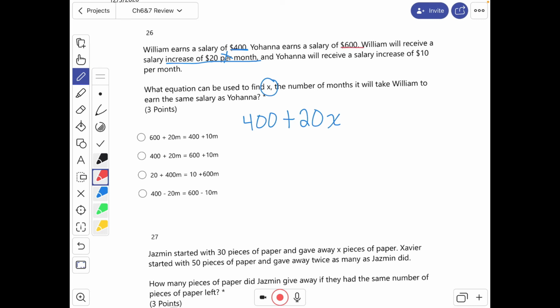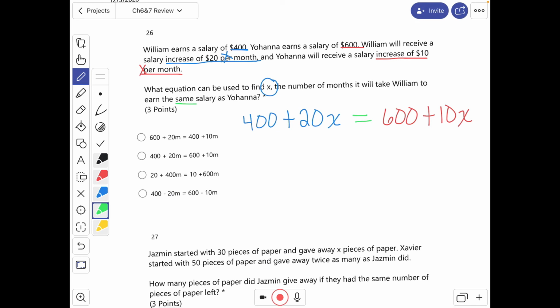Now let's put all of Johanna's information together. She's going to start with 600, and she's going to increase, that's plus, $10 per month. Per means multiply, and month is supposed to be X, so plus 10 times X. And it said it wants it to be the same.